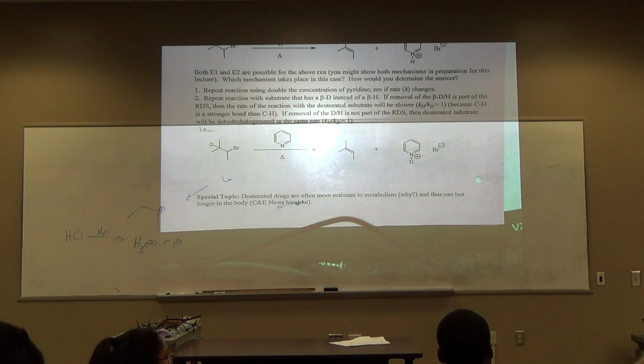Rate data. Deuterium isotope effect. Because we make these statements to help us determine mechanisms, but sometimes you can have some ambiguities. I don't know. We can just say, well, we don't know. Or we can talk about ways to solve that.